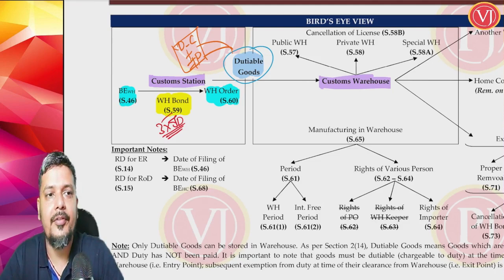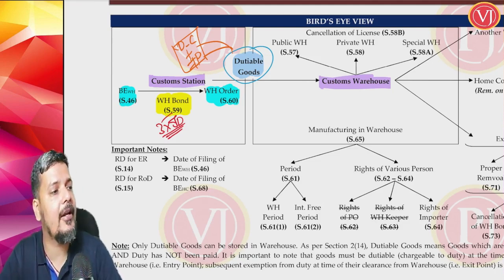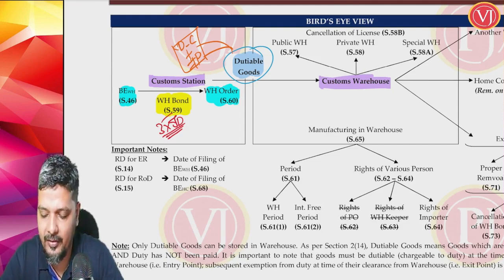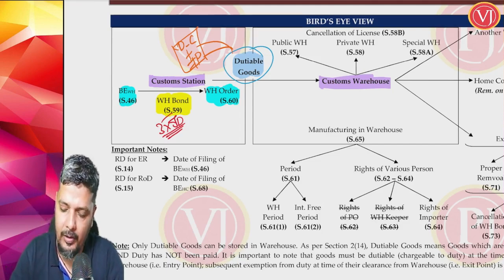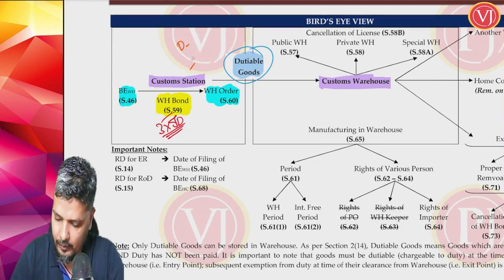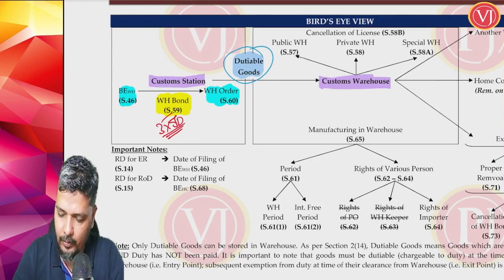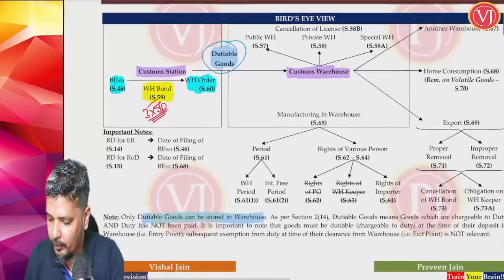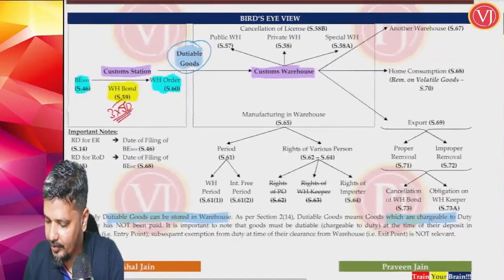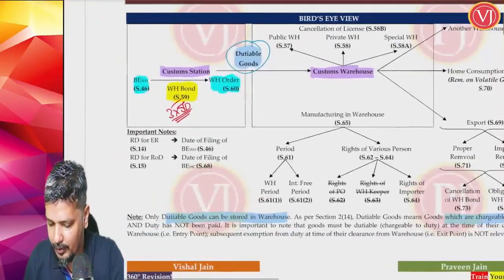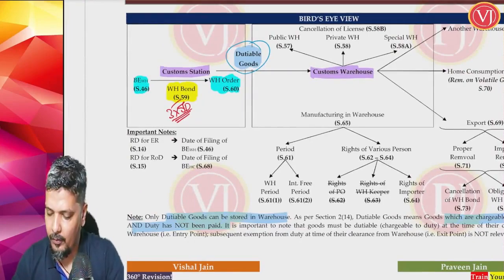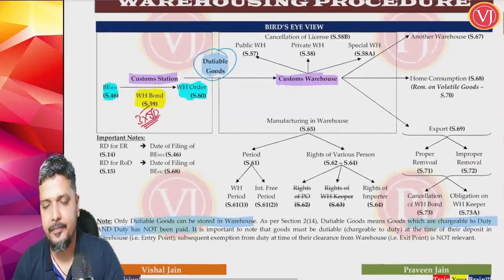No. If the duty is 10% but you already paid it? No. The goods on which duty is chargeable but not yet paid. Only dutiable goods can be taken to warehouse. Dutiable goods means goods which are chargeable to duty but duty has not been paid, in terms of section 2 clause 14 of your Customs Act.